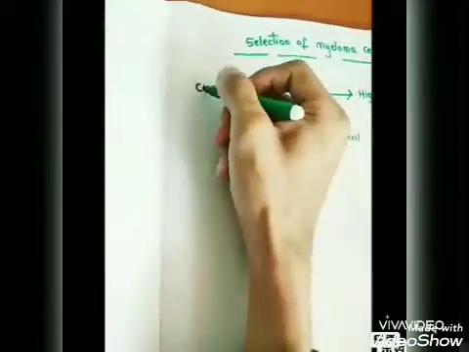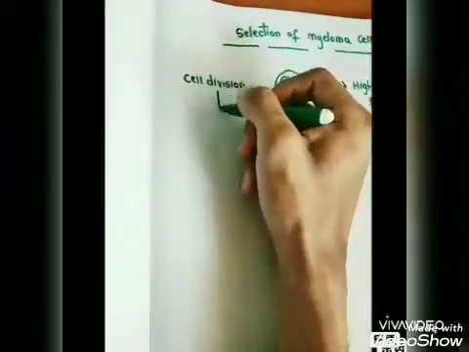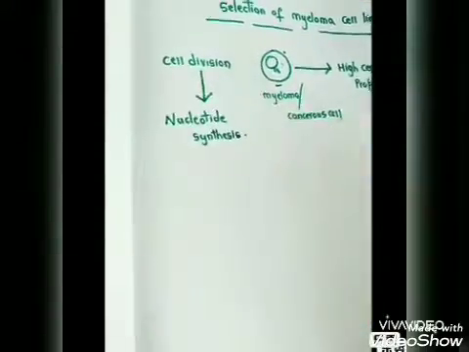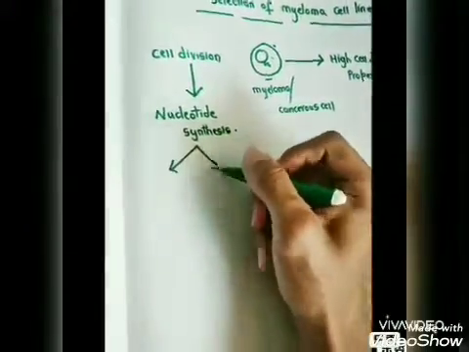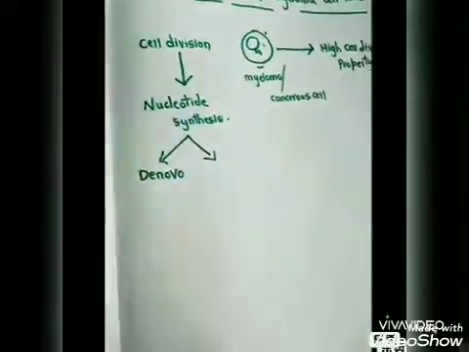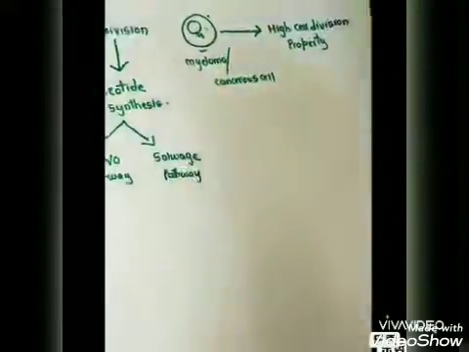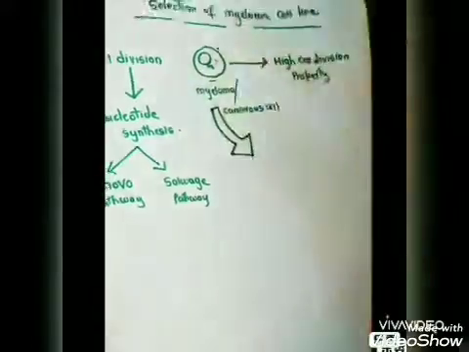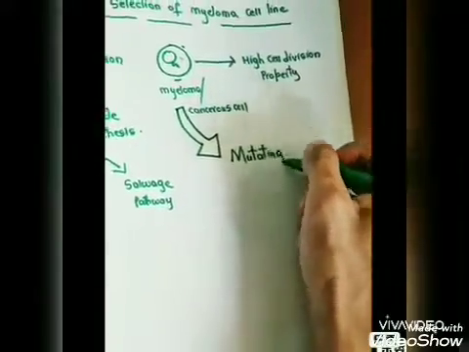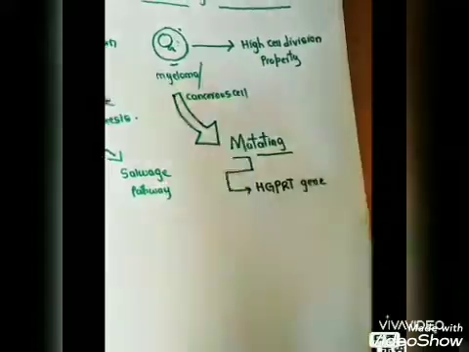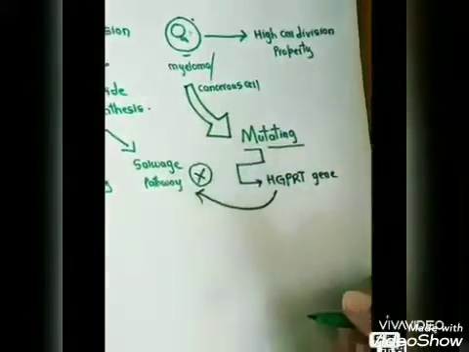For cell division, you need nucleotide synthesis. In our body, it happens in two different ways: one is the de novo pathway and the second is the salvage pathway. Now, we are taking myeloma cells by mutating the HGPRT gene, which will block the salvage pathway.